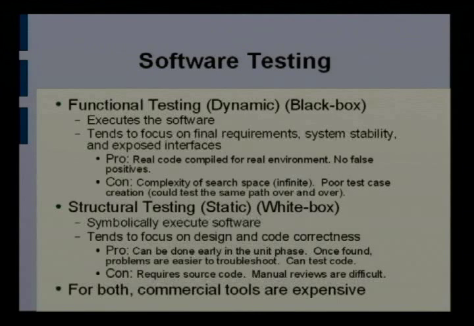So testing, again, we probably know, there's black box, dynamic, which is like you have a real binary running on a real server and you're sending real stuff to it and really interacting with it. And there's white box, which is more like code audits and scanning through source code, and both are good. You should do both. There are some pros and cons to each. The pro of black box is that if you send real data to a real server running on a real box, you'll find a real bug and you can really exercise it remotely.